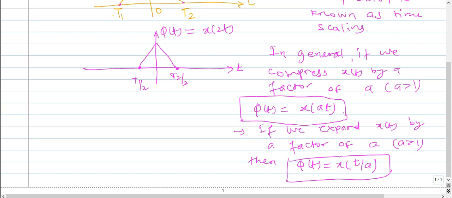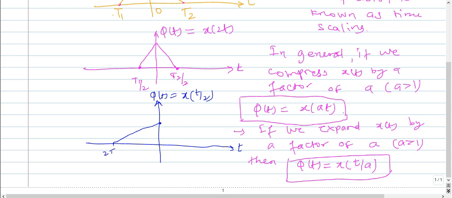This is equivalent to saying that the signal x of t is played back with the speed 1 by a, which means it is slowed down. For example, if a is 2, then the expanded signal phi of t equal to x of t by 2 will look like this: the amplitude will not change, but it will be from 2t1 to 2t2.